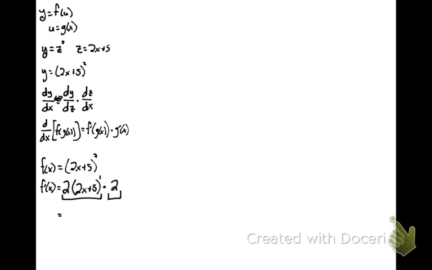And notice when we clean this up, we end up with 4 from 2 times 2 times 2x plus 5, which is equal to 8x plus 20. The exact same derivative we had gotten by expansion.